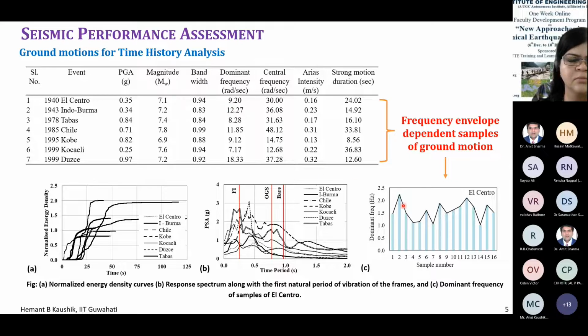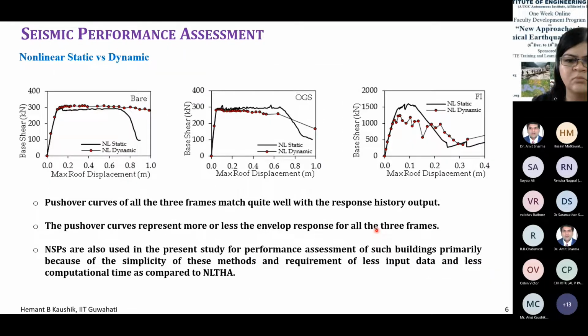So keeping that frequency roughly similar but with minor variations, we developed this frequency envelope dependent sample. 16 samples were further developed to understand if there is any change in the demand on the structure, even if there is a small marginal difference in the dominant frequency. So now you can imagine how many analyses were carried out, and we'll discuss more about this.